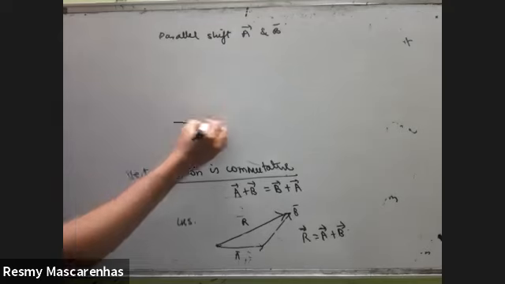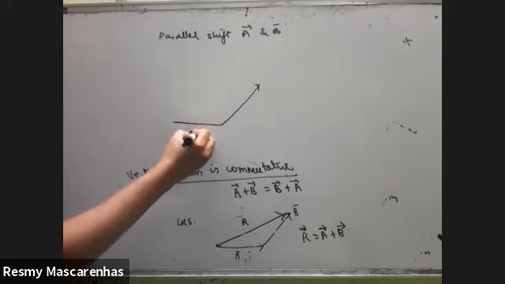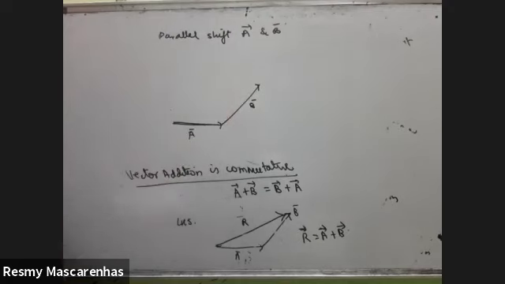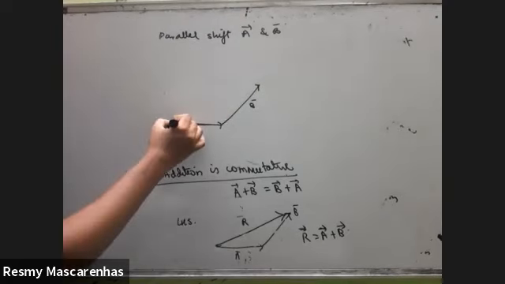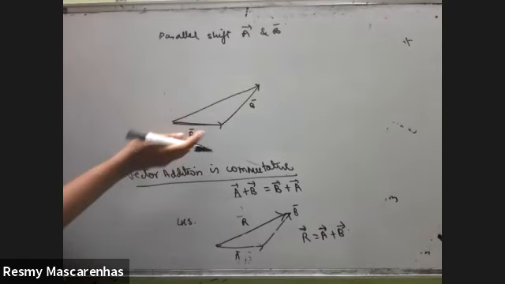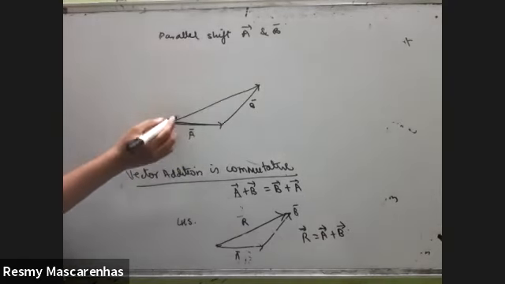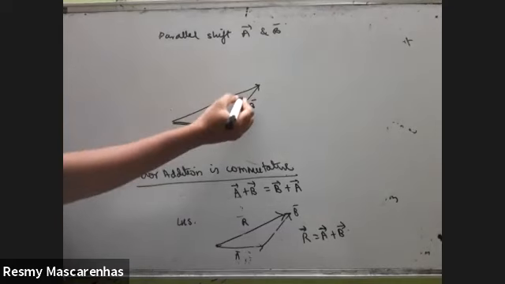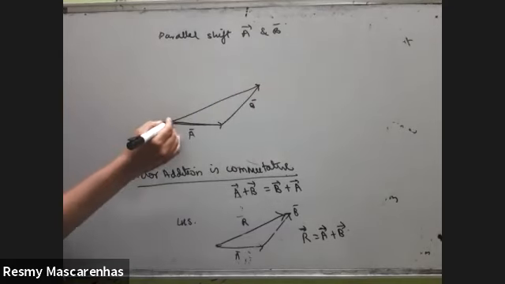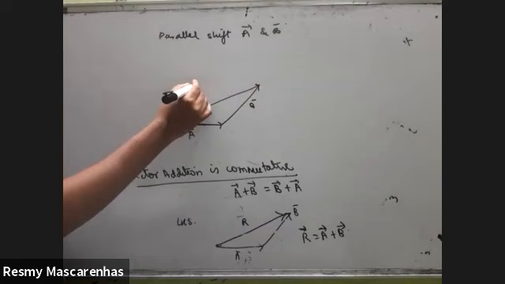So right now it is here like this, and this is my resultant. I'll parallel shift this fellow up, or I'll parallel shift this fellow this side. So what is going to happen? This will be my B bar.